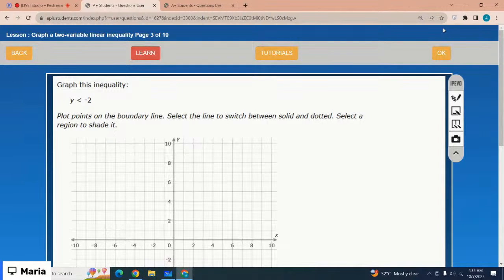So graph the inequality y is less than -2. So which side of the values are included?